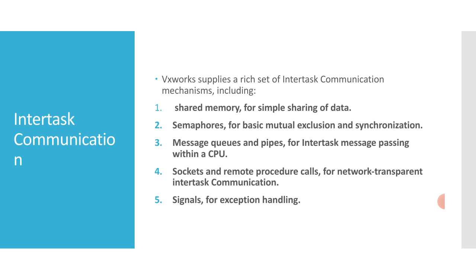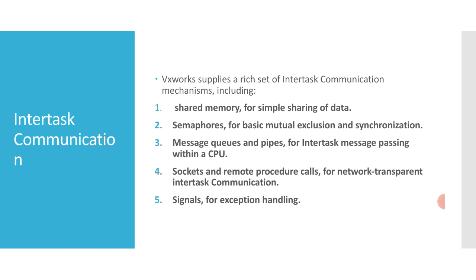VxWorks supplies a rich set of intertask communication mechanisms, including shared memory for simple sharing of data, semaphores for basic mutual exclusion and synchronization, which we saw in the previous video, message queues and pipes for intertask message passing within a CPU, sockets and remote procedure calls for network transparent intertask communication, and signals for exception handling.